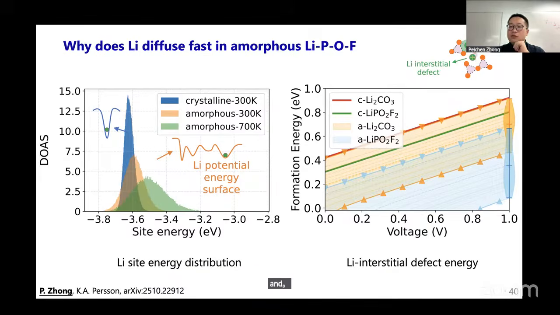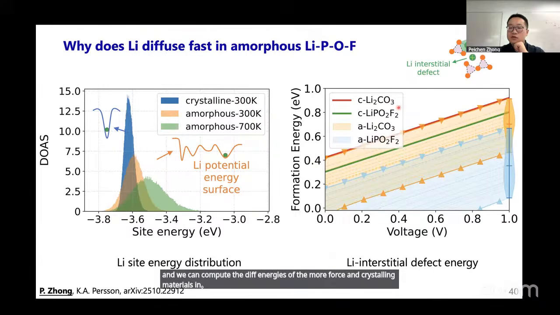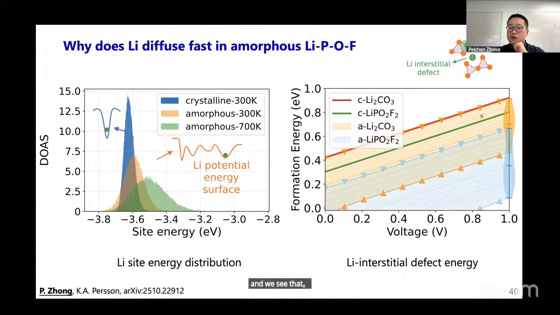We can compute the defect energies of the amorphous and crystalline materials in different compositions, and we see that upon amorphization of the structures, there is a very wide distribution of the defect energies. And the lithium phosphorus oxide fluoride generally shows lower defect energies compared to the lithium carbonate. That means it is easier to put additional lithium into the structure to make it a conducting phase.